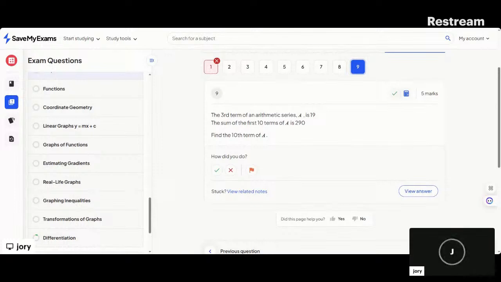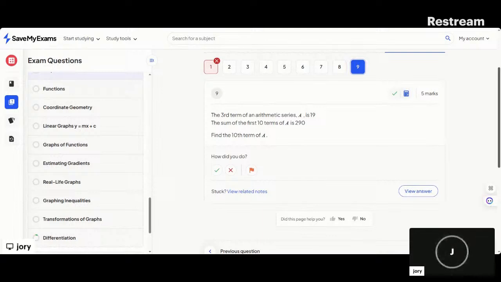So 19 equals, so A equals, no, so negative A equals 2D minus 19. But then A equals 19 minus 2D. Okay, so we've got A in relation to D. The sum of the first 10 terms is this.